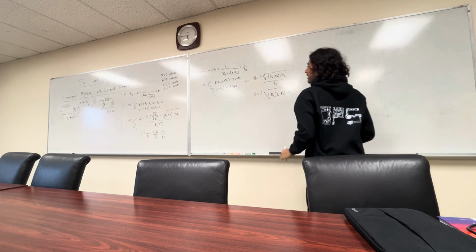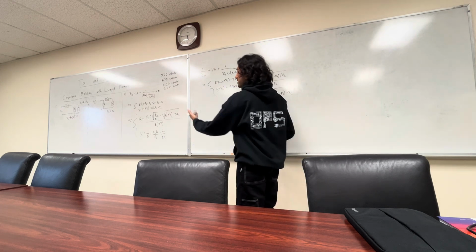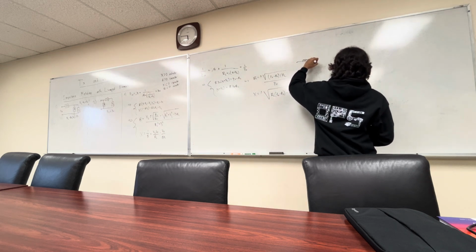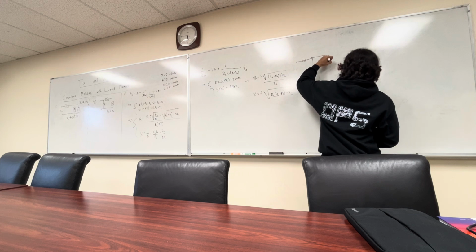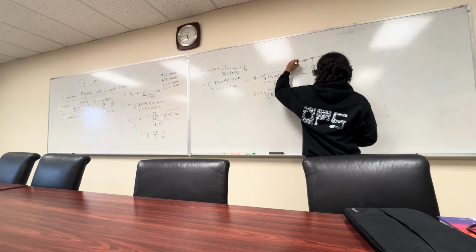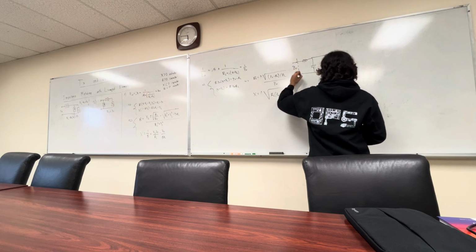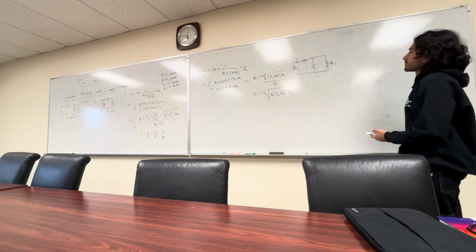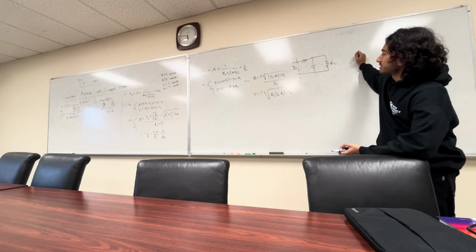Right, let's say we have the first scenario. Some inductor and some capacitor. And let's say I have some RL. Right, this looks kind of like a filter, right? Well, the great part about this is, yeah, it acts as a filter.